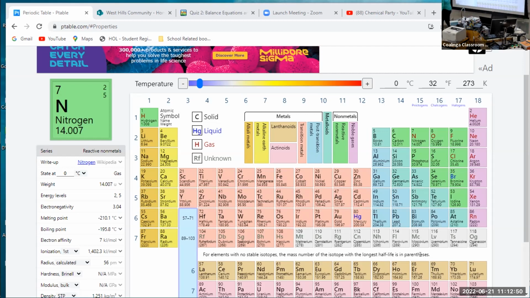Okay, so let's talk about isotopes. We talked about isotopes, and we're going to talk a little bit more about them. So let's say I have this. How many protons? How many electrons?